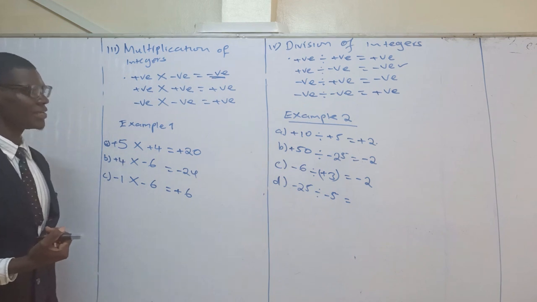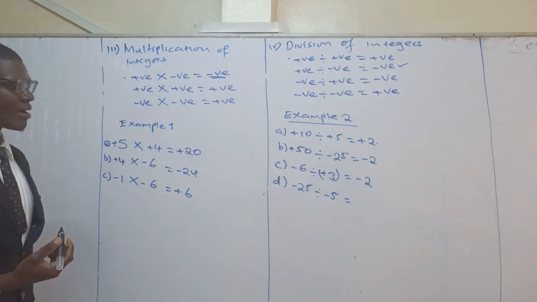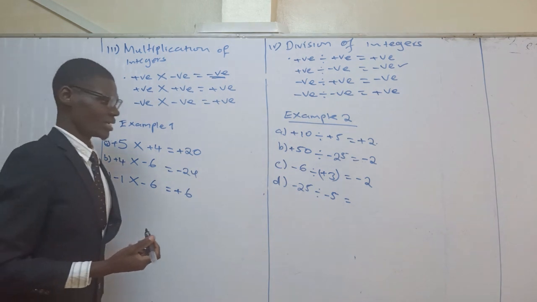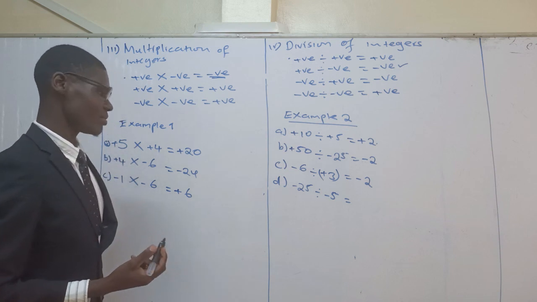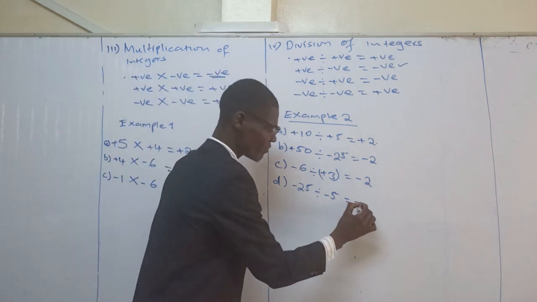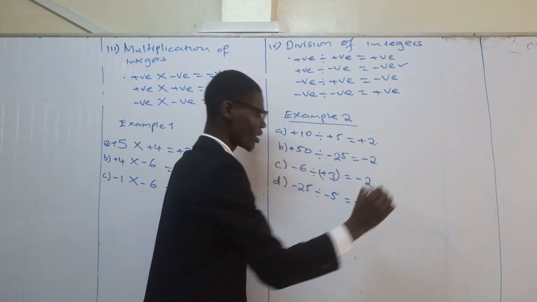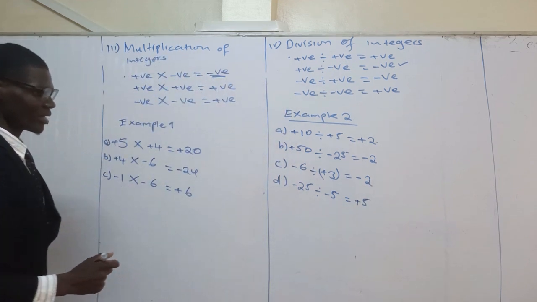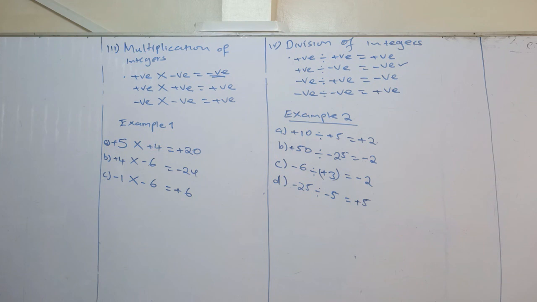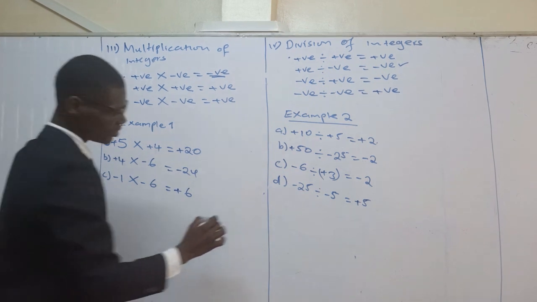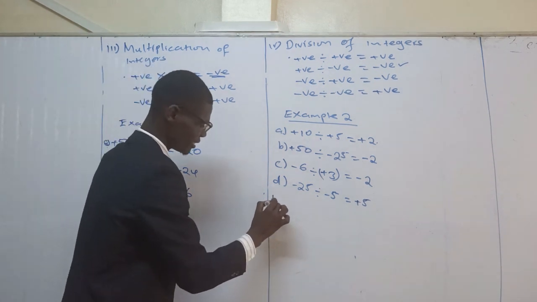Both integers are negative, and therefore my result must be positive. That is a positive 5.